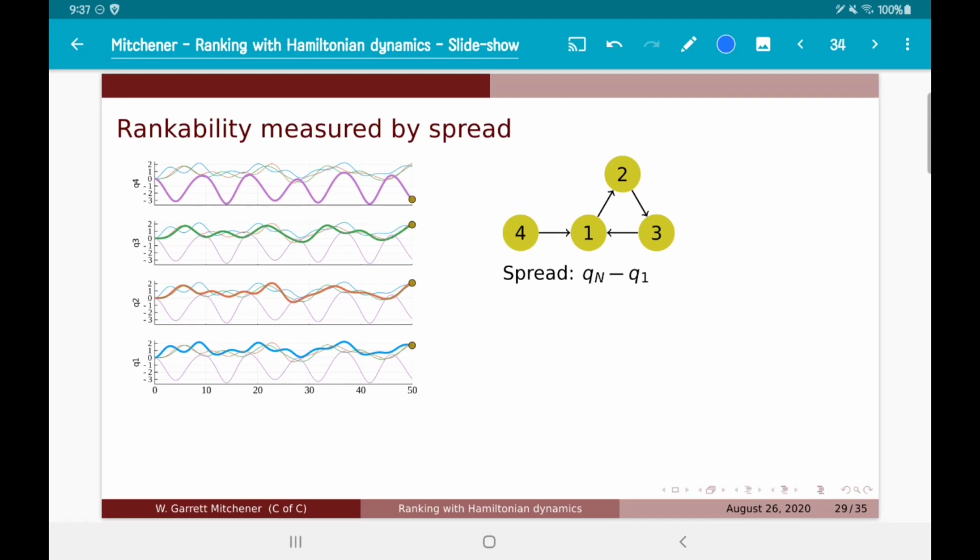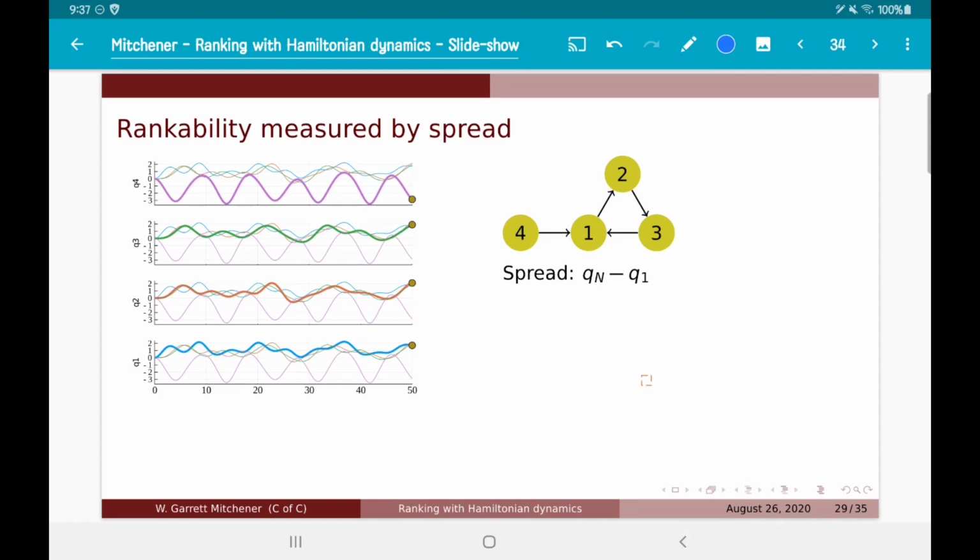And what you can see is that these are the particle positions for the minimum value of r along this trajectory, and what you end up with is 4 over here on the left somewhere, and then 1, 2, and 3 are in a clump over to the right. So there's the clump.